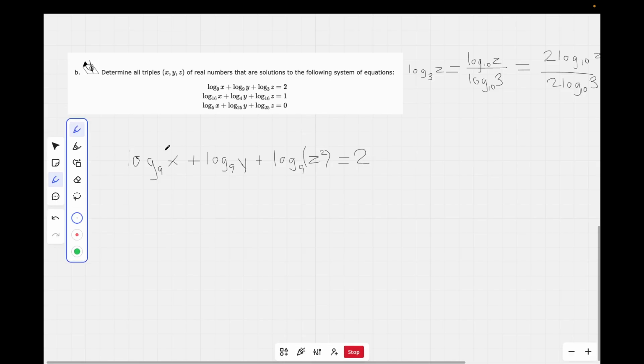But since all of these are under the same base of 9, we can use the logarithmic properties to get that the left-hand side is equal to log 9 of x times y times z squared. Because if you multiply what's inside the logarithmic expression, you get the same value as if you add them separately. That's a really bad looking x.